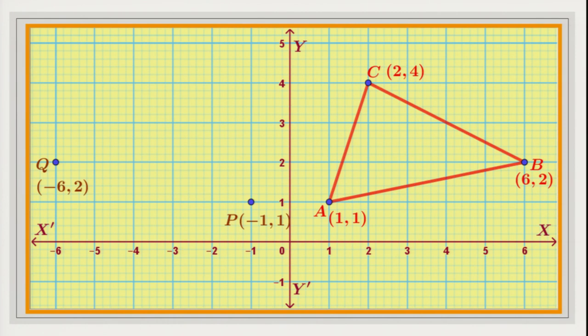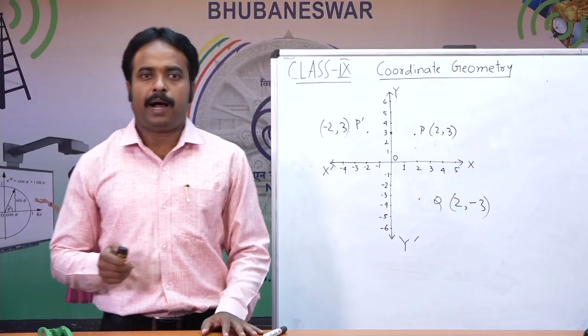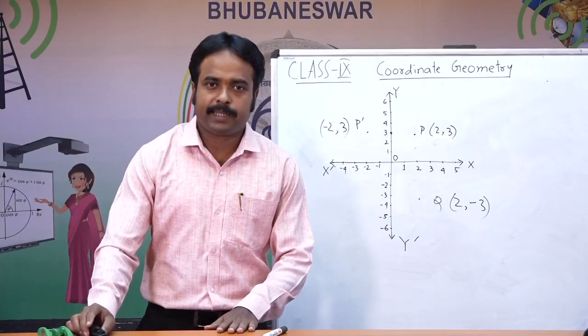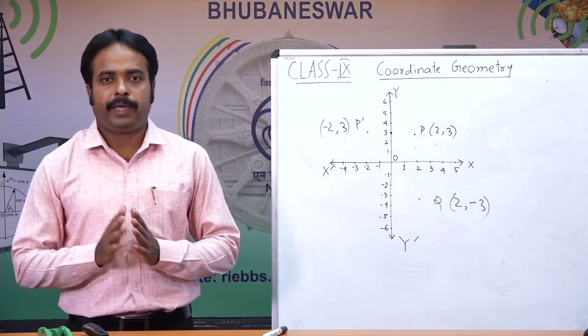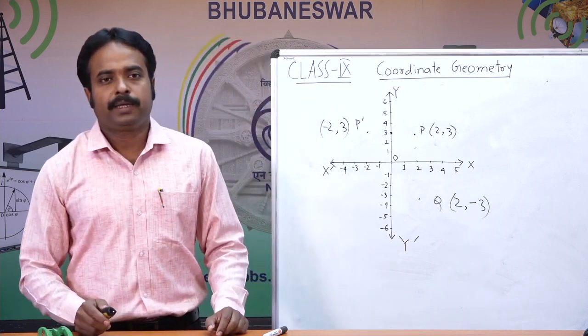And the image of C is R, and the coordinates of R are (-2, 4). Now if we join these points PR, RQ and QP, we will get this triangle. This triangle represents the image of the triangle ABC with respect to the y-axis. Therefore, we can say that the image of ABC with respect to the y-axis is the triangle PRQ.